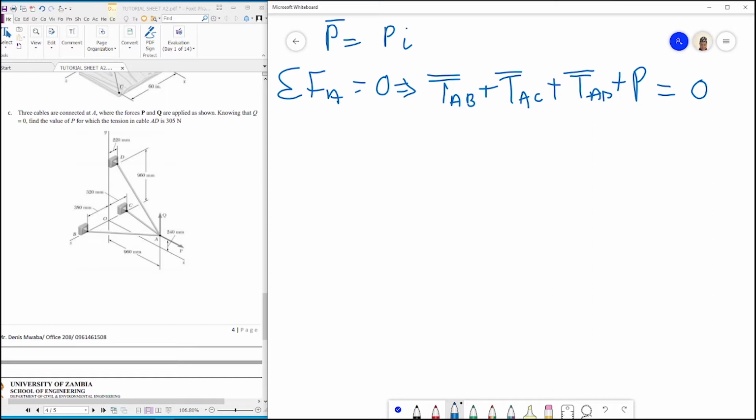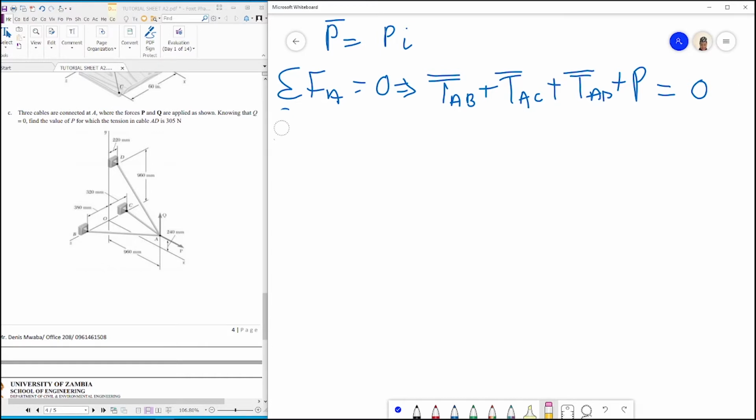So let's go on with that. We'll first of all begin with the position vectors. I'll get the coordinates for A, or let me just go straight with the position vector for A.